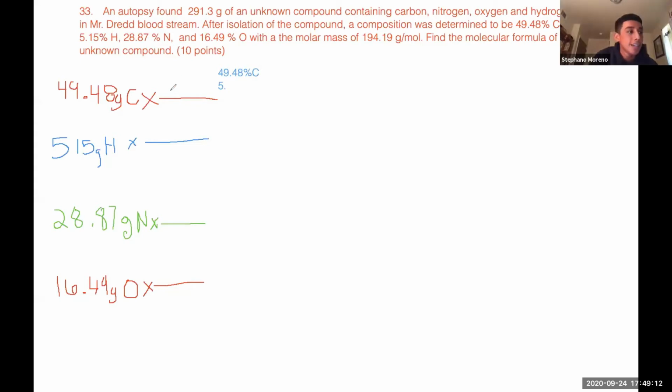So we put 1 mole of carbon divided by 12 grams of carbon. And then we do the same thing all the way through with the correct molar mass, 16.